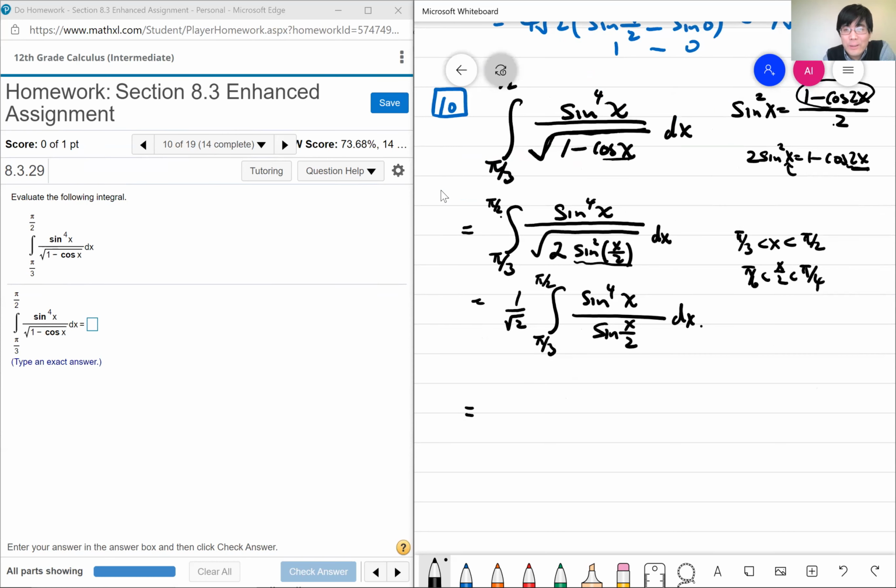Now we really don't like this, although we have two same functions, it's not really nice because the inside angle is different. So let's use some technique to solve this. So sine of the double angle identity is this. I'm gonna use this one to rewrite the angle here to match with this.